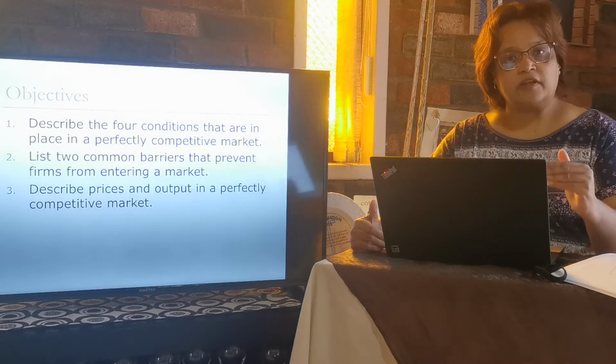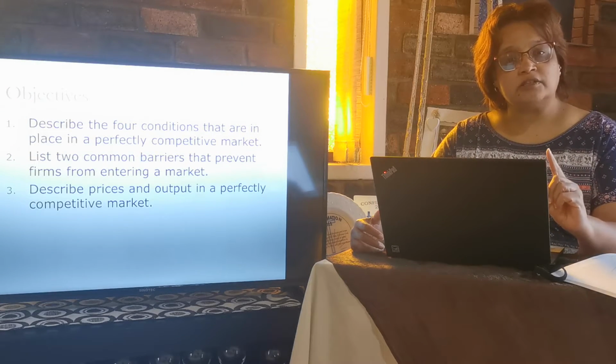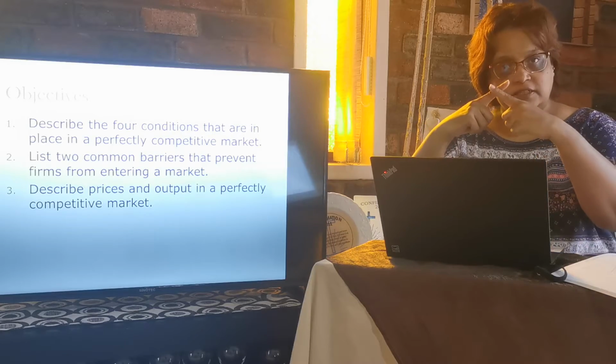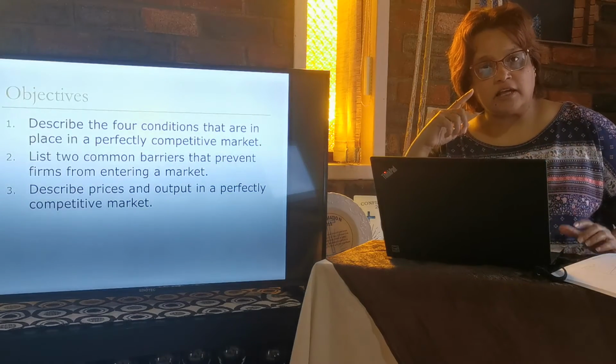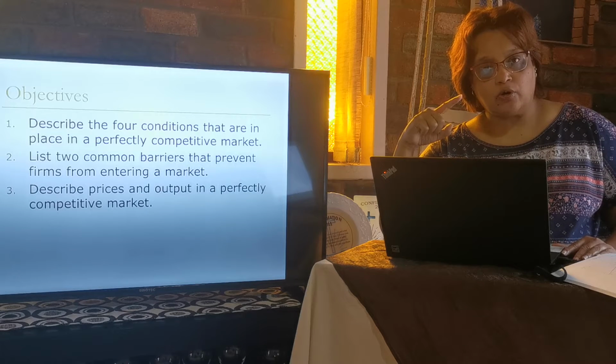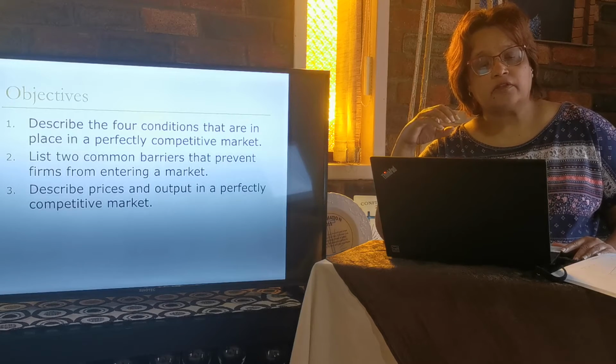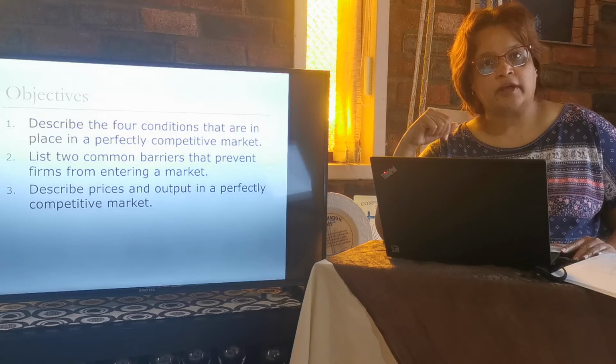Remember what I just said: in a perfectly competitive market, the buyer and the seller are trying to compete. The buyer wants a specific quantity of product at a given price, and the seller needs to compromise at that price, or they're going to try and sell the most products because they're looking at revenue.